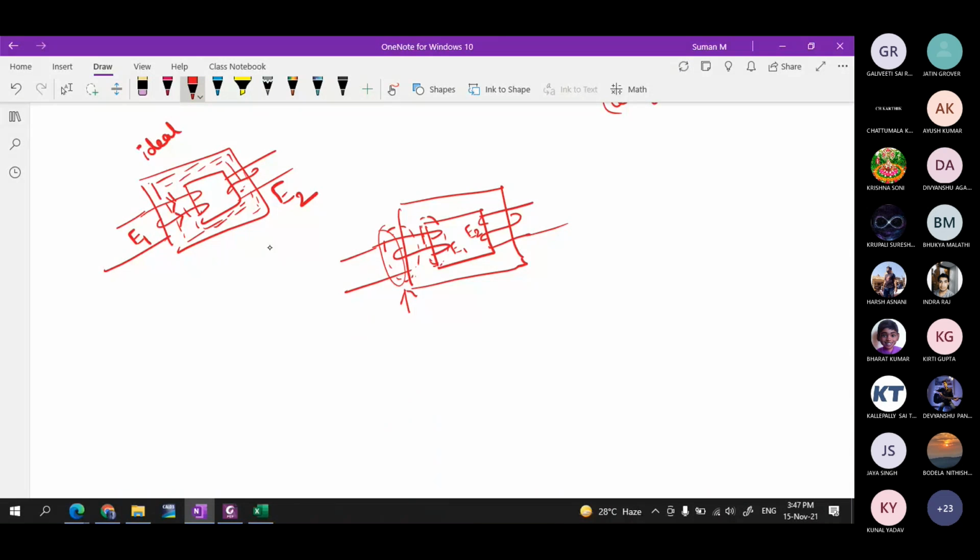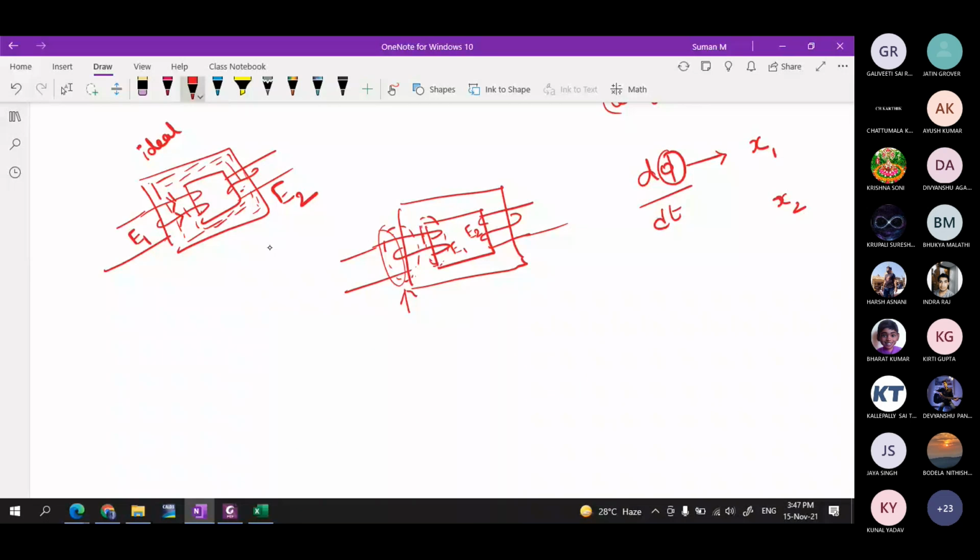Now what happens here is, some flux is linking only one coil and it is not linking the other coil. So because of this, you are having d phi by dt. Earlier you have some value, let's say x1, and you are having x2.